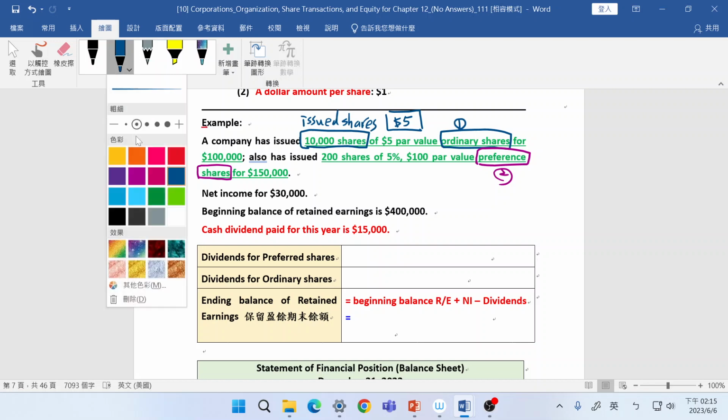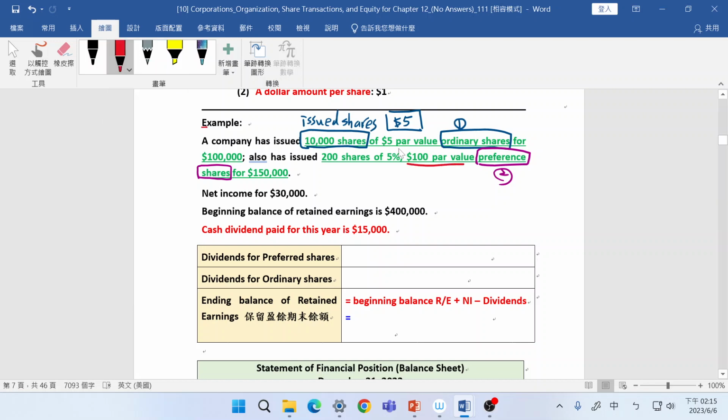Okay? How about preference shares? Preference shares par value is $100. What does it mean? For preference shares, 特别股, the par value is 100. So remember, for preference shares, we give them two priorities, right? So what's the first priority? Dividends.